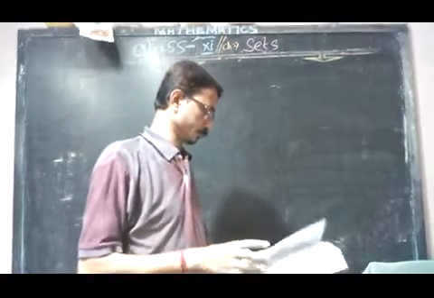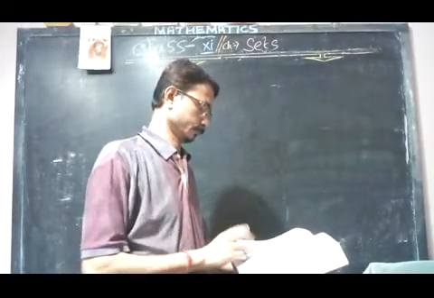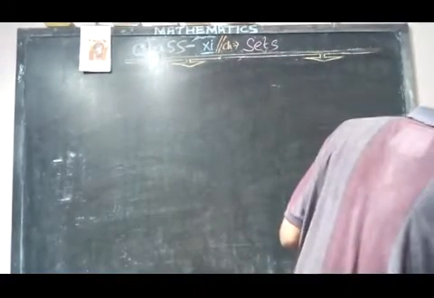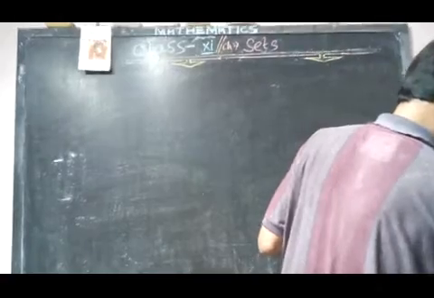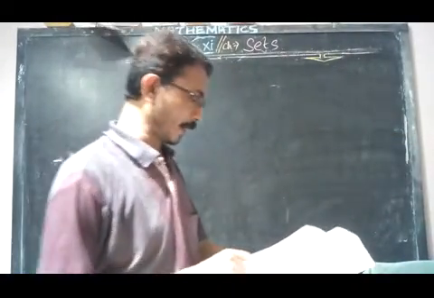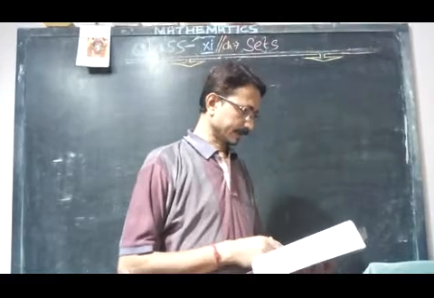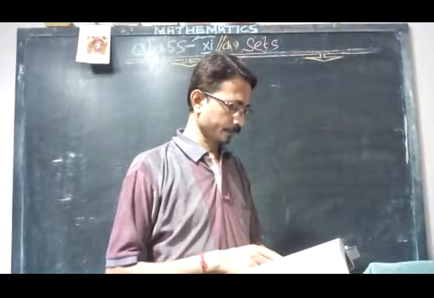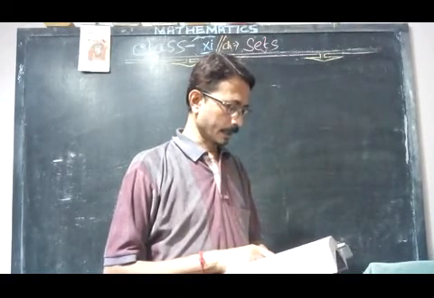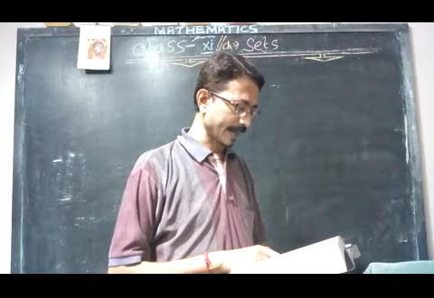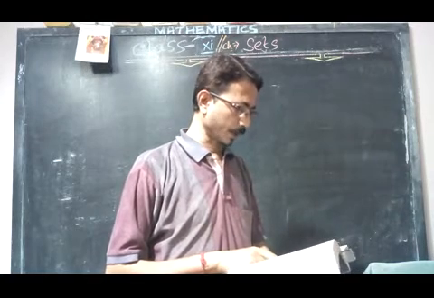Now try to solve a problem. In a group of 70 people, 37 like coffee, 52 like tea, and each person likes at least one of the two drinks.